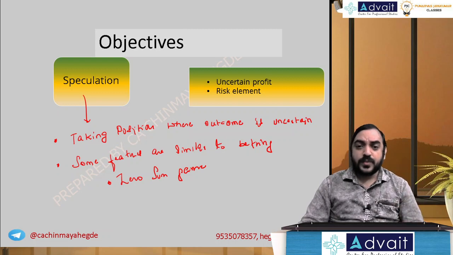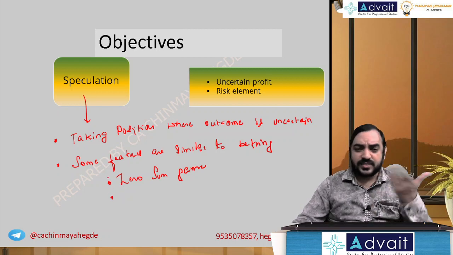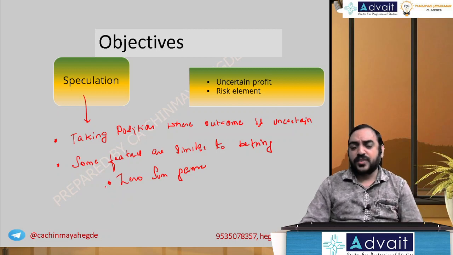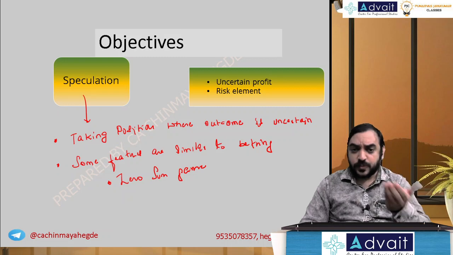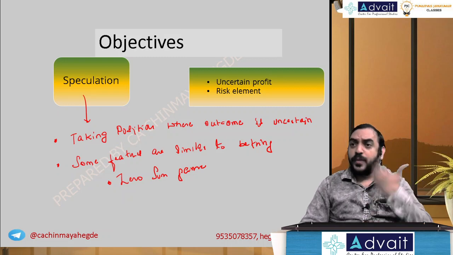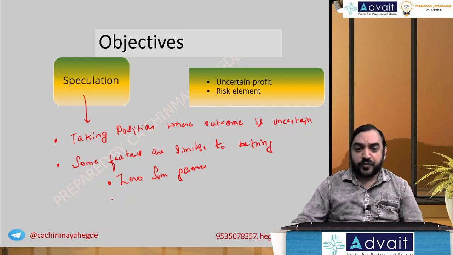Zero sum game, and it is highly speculative in nature. That's the only point I would like to say. Some features are similar to betting, where you take a position, zero sum game.